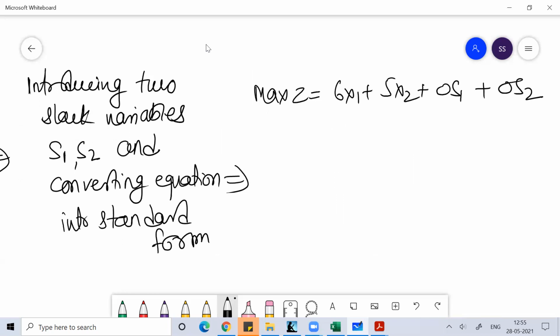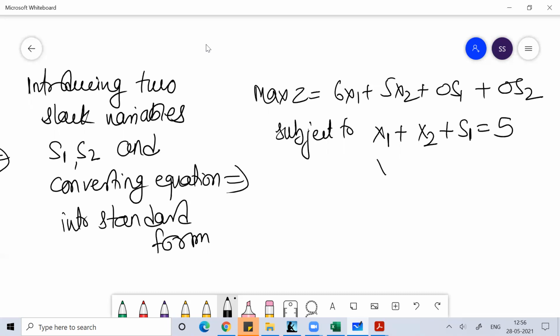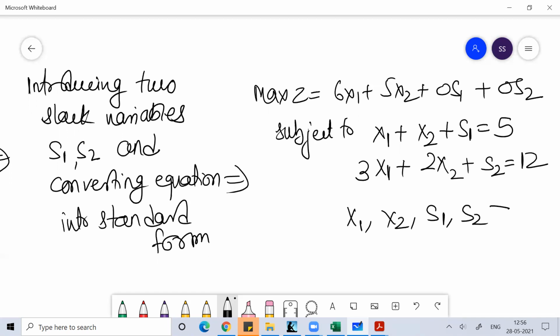Then subject to constraints: x1 plus x2 plus s1 is equal to 5, and 3x1 plus 2x2 plus s2 is equal to 12, where x1, x2, s1, s2 should be greater than or equal to 0. So you can write them like this.